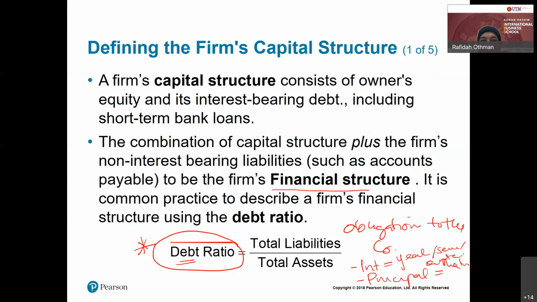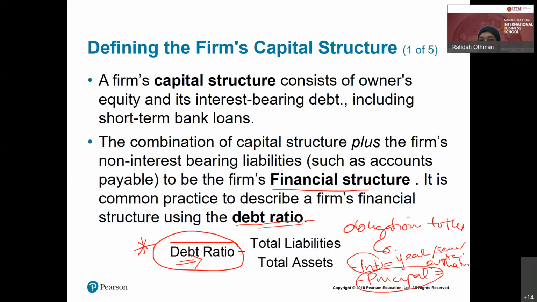Why do we have to deal with this debt ratio? Because we have an obligation to pay interest, and we also have an obligation on the principal upon maturity.